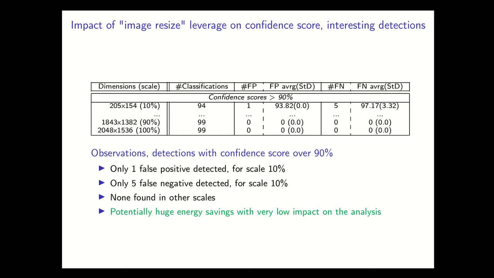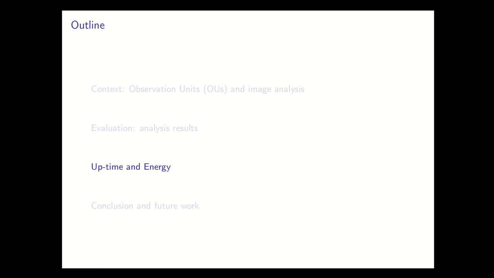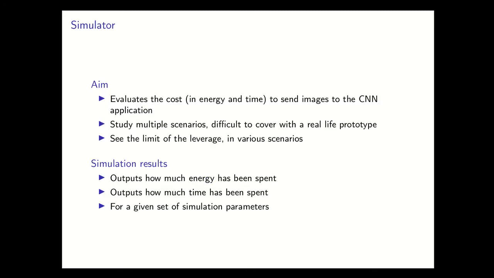So to evaluate this gain in energy and uptime, we implemented a simulator that aims at evaluating the cost in energy and in time to send the images from the nodes on the ground to the CNN application.